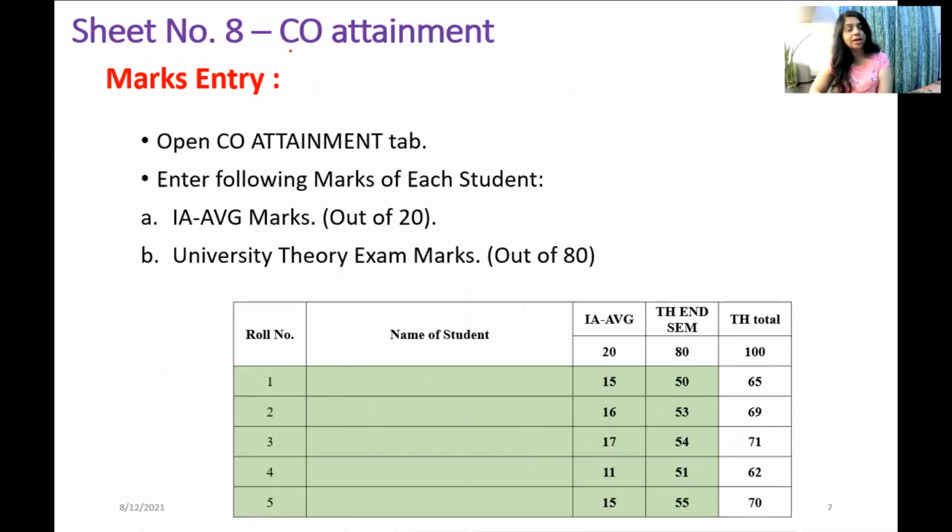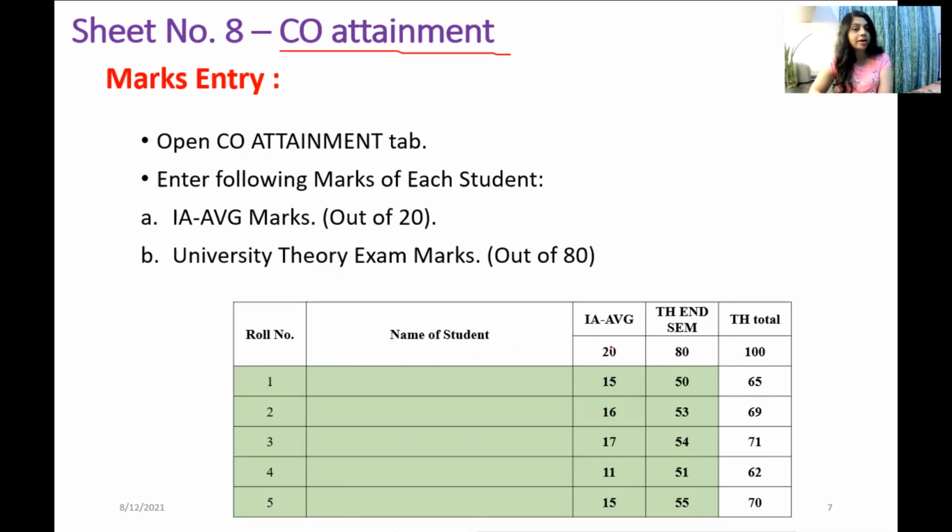Sheet number 8, the name is the CO attainment sheet. Now here you have to do the marks entry. Again, wherever there is a green portion, there only you enter. Here you have to enter the roll number and name of all students. You can take the soft copy from the department and paste all the roll numbers and names of the students here.